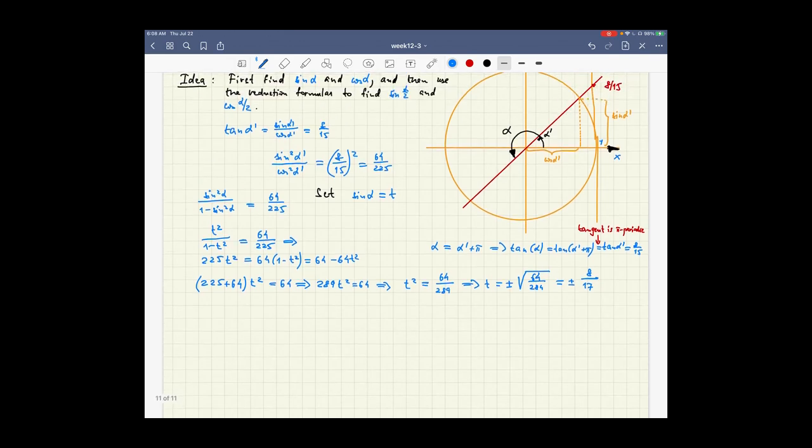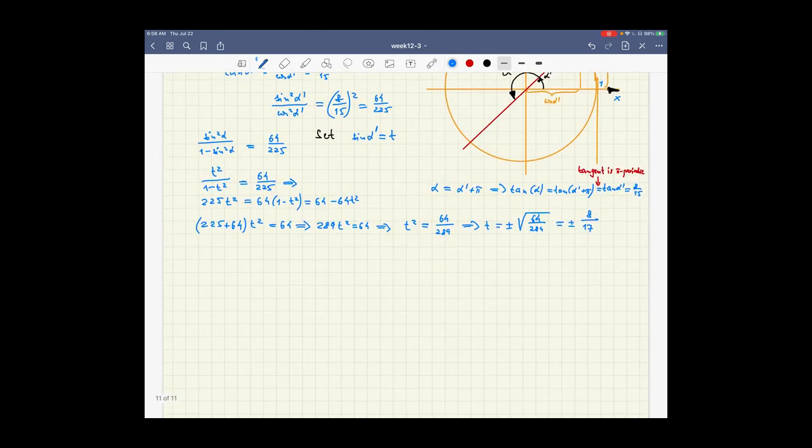Because alpha prime is an angle in the first quadrant, sine alpha prime will be positive. So we conclude that sine alpha prime is positive 8/17.